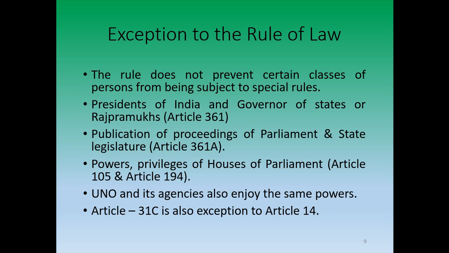This article prohibits class legislation, which makes improper discrimination by conferring particular privilege upon a class of persons arbitrarily selected, but it permits reasonable classification for the purpose of achieving specific ends, which is also not an exception to the rule of law.